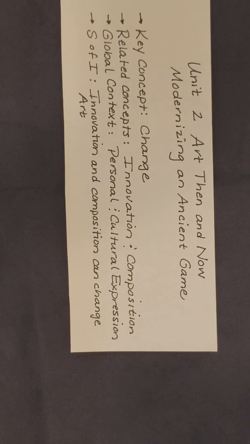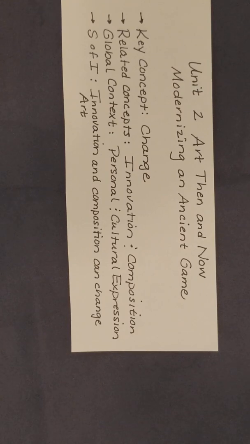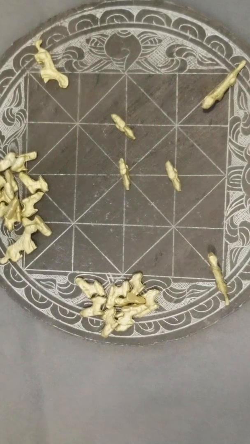As I look through all these games, and I've been researching these ancient games, they're quite artistic in the way they're created, and the designs are amazing. I want to show you the game that I chose, and it's called Tigers and Goats.